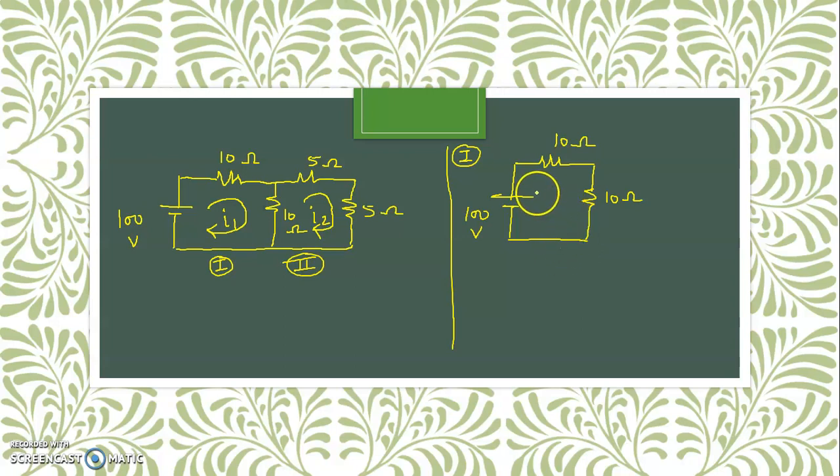Now this current I1 is the loop current passing through this particular loop for which we are writing the expression by inspection.